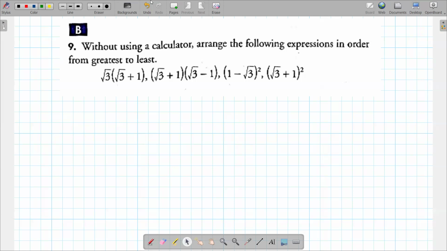Let me show you. For the first term, we got 3 plus root 3, which is about 4-ish. For the second term, you have a plus b and a minus b, so it becomes a squared minus b squared. So here it would be root 3 squared minus 1 squared. That entire term becomes 3 minus 1, which is 2, okay? So this is about 4. This is about 2. What about this one?